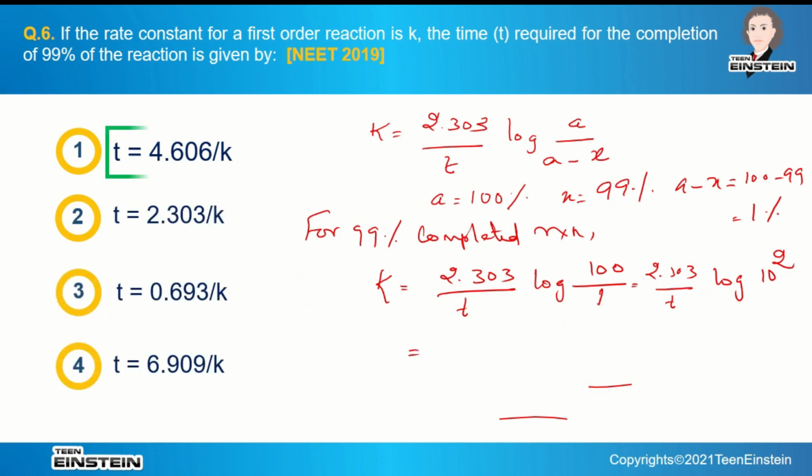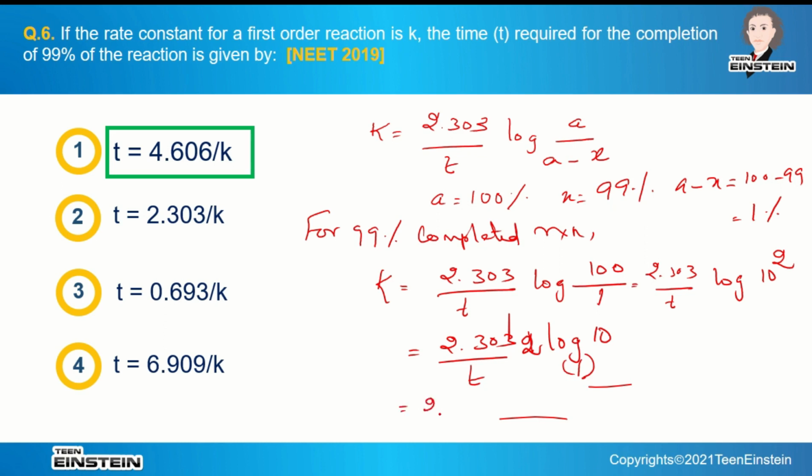So we can write this equation as 2.303/T into 2 log of 10. We very well know log 10 is 1. So 2.303/T into 2.